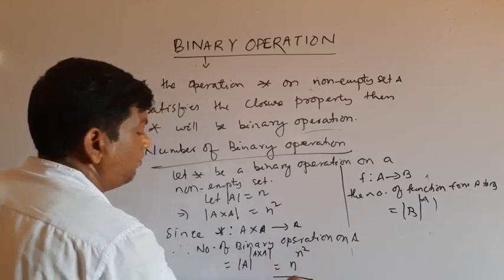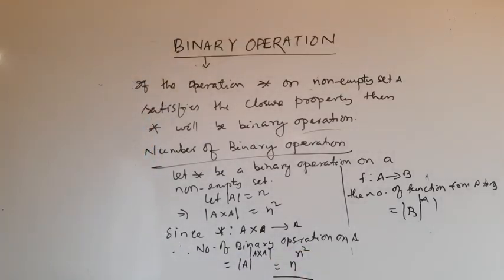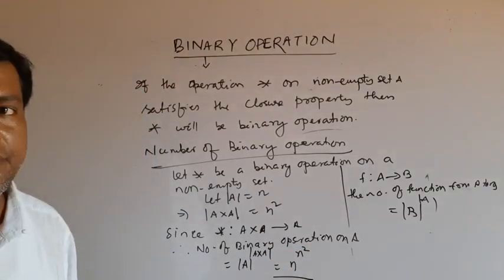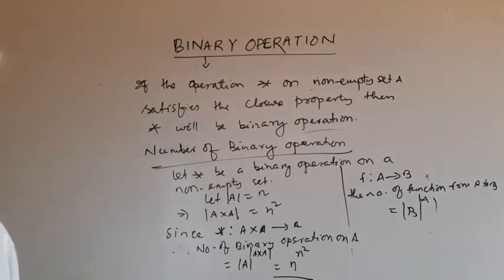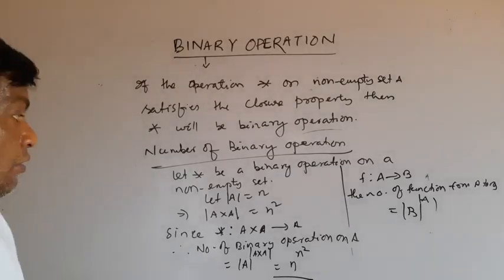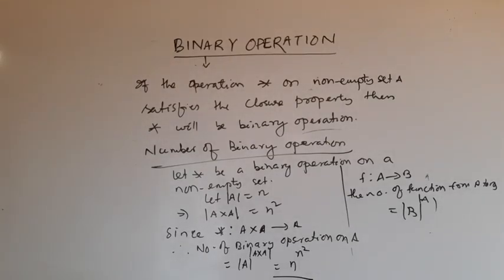This is the number of binary operations on the given set A. Clear? Okay. Now, one example.